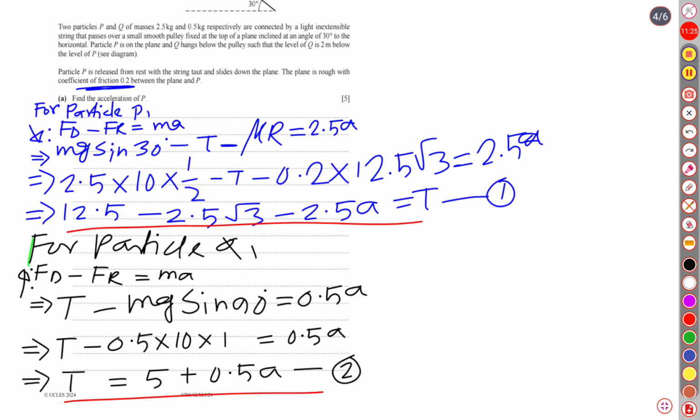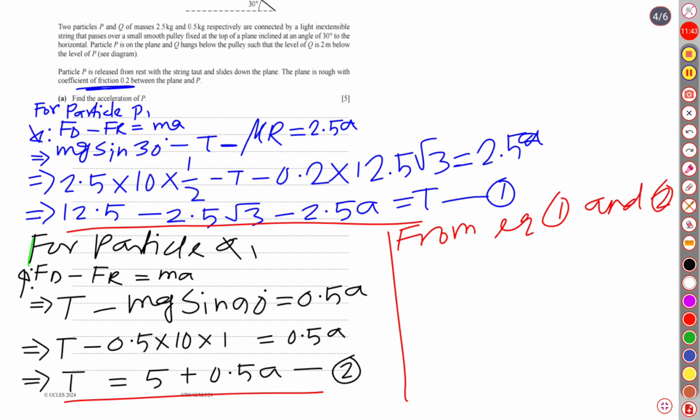So solving the equations simultaneously, from equation 1 and 2.